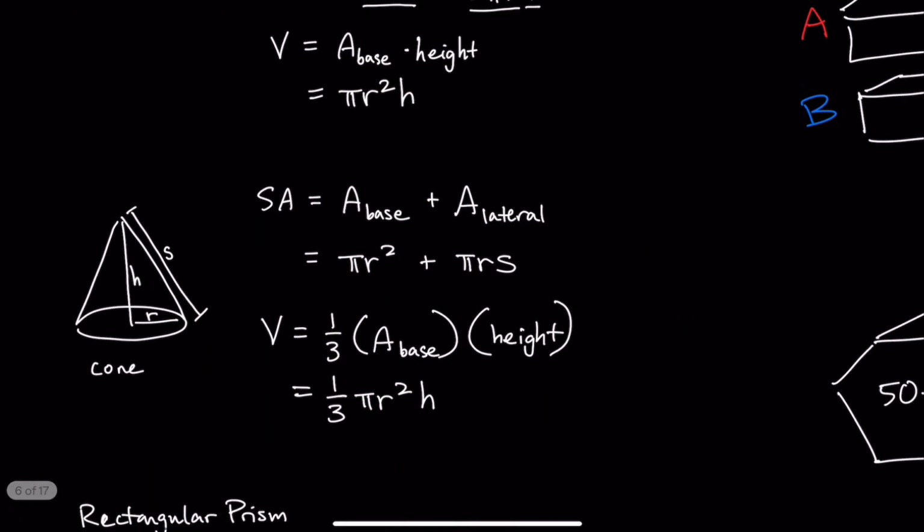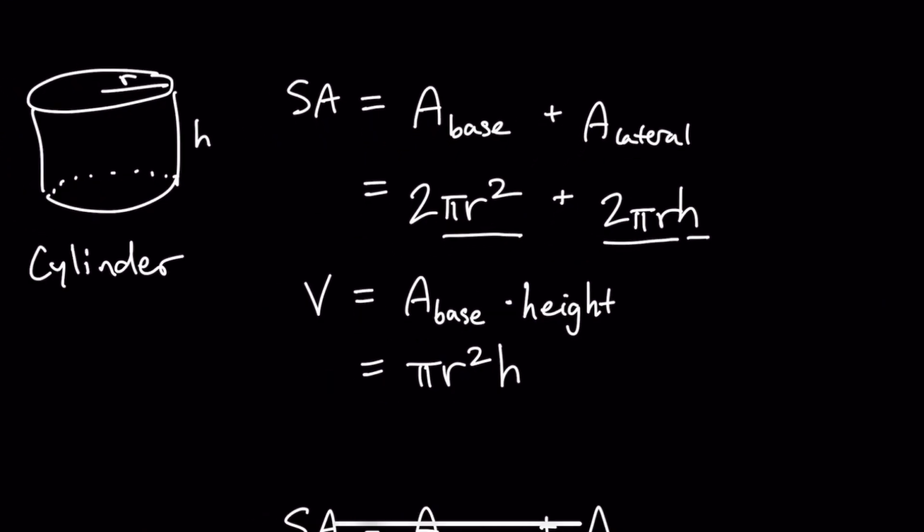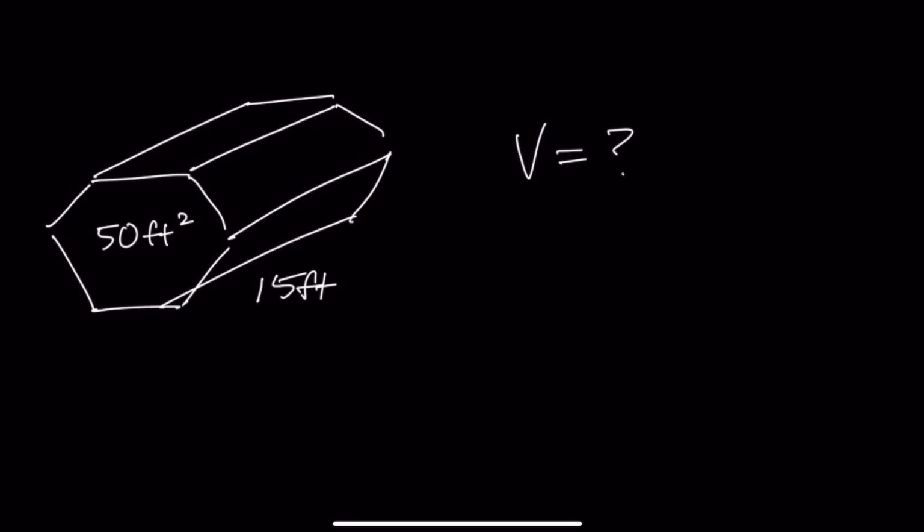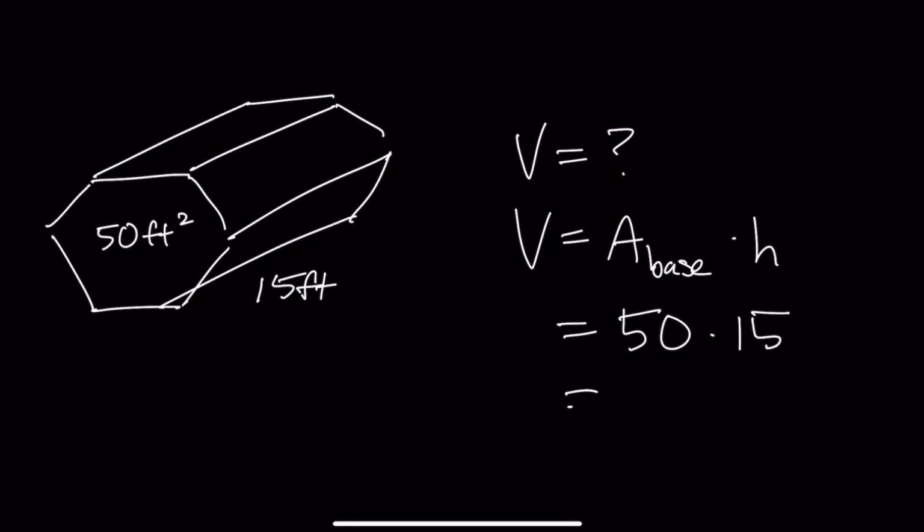And similarly, for cylinders, the volume formula is the area of the base times the height. For the hexagon, it is a similar story. The volume is equal to the area of the base times height. And luckily we have both of those measurements. It's going to be 50 times 15, which equals 750 cubic feet. Volume is always going to be cubic measurements.